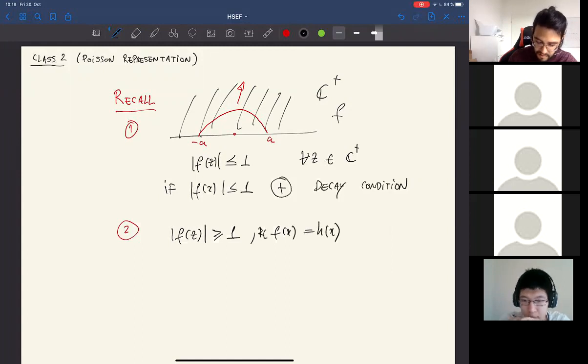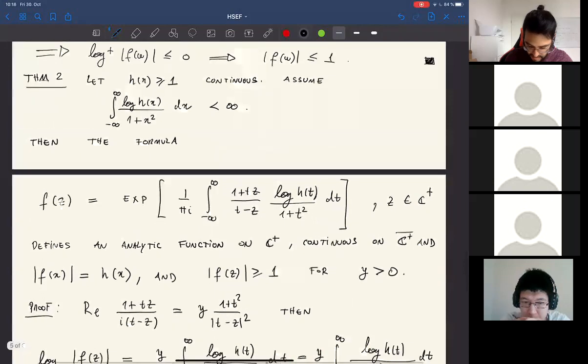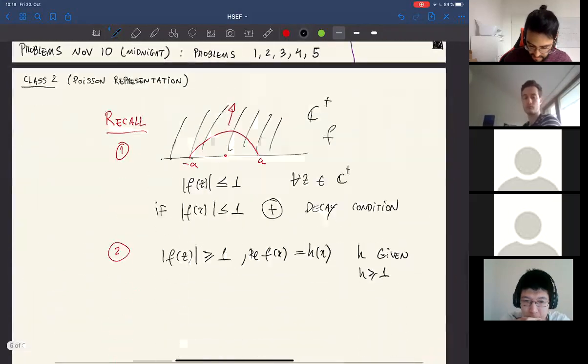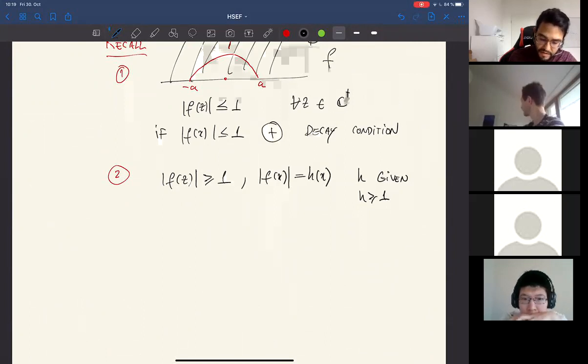Let's say the modulus of f of x equals h, and h is given, and also h is greater than or equal to 1. Oh no, it was the modulus of f of x, not the real part. Yeah, so it was like this. Okay, so that was the second thing we did.